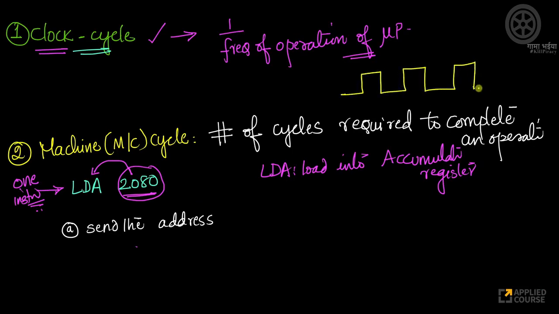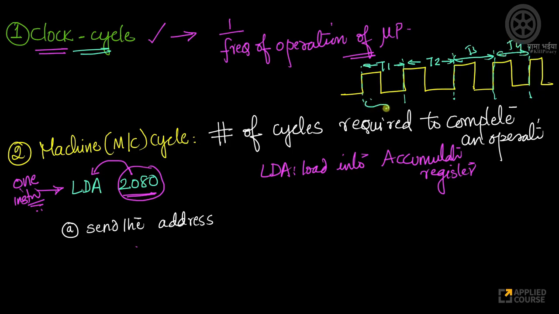My first cycle goes from here to here, so let's call this cycle T1. Then my second cycle goes till here, let's call this T2. My third cycle goes from here to here, this is T3. Let's say this is my fourth cycle, fifth cycle, and so on.